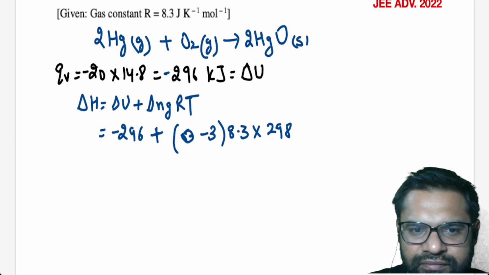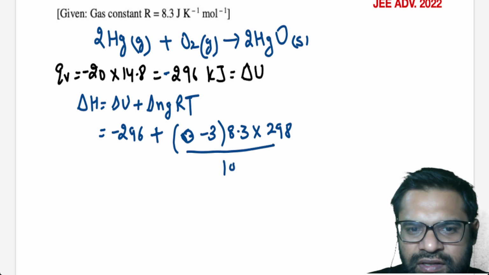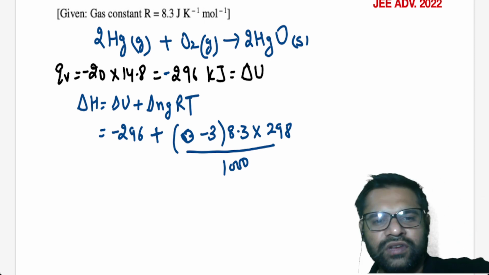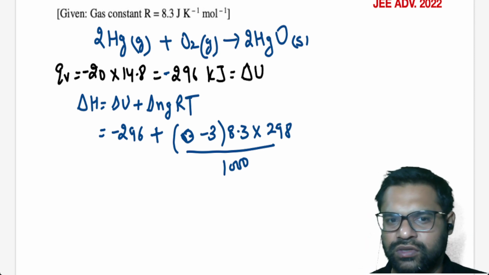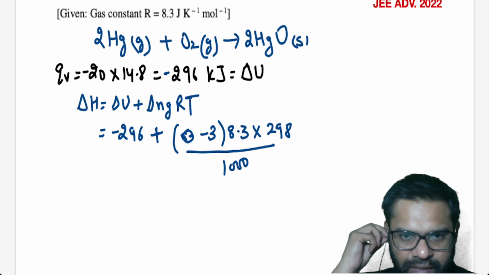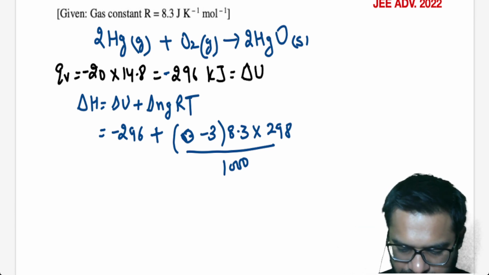divided by 1000, because the value of delta U is in kilojoule, so we'll convert it into kilojoule. And let us do the calculation part now. Let's do the calculations. You do the calculation in your copy, I am also doing it.